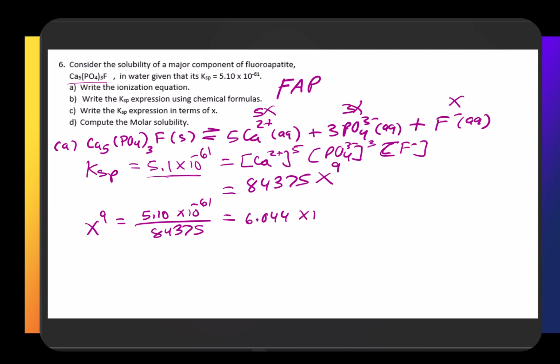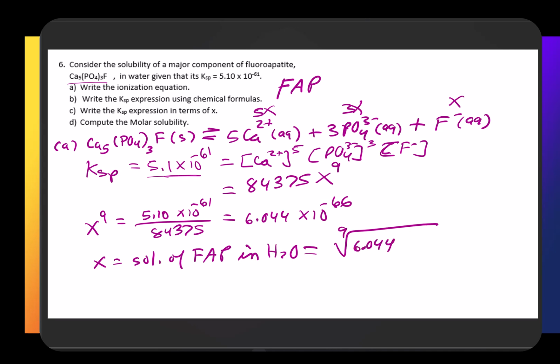6.044. X, which represents the solubility of fluoroapatite in water, pH 7, is going to be the 9th root of 6.044 times 10 to the negative 66. So I'm going to do, let's see, second function, x root of y, 9, equal, scientific notation, 5.67 times 10 to the negative 8 molar.